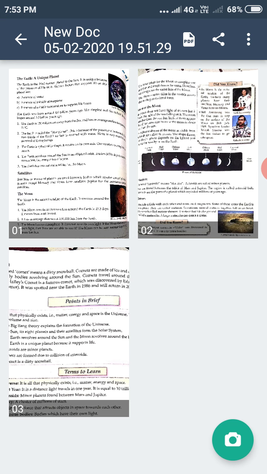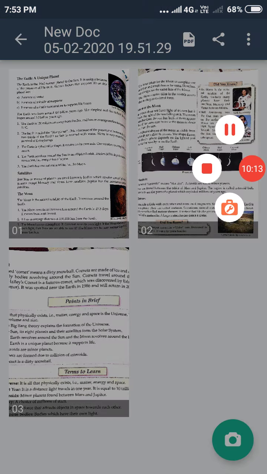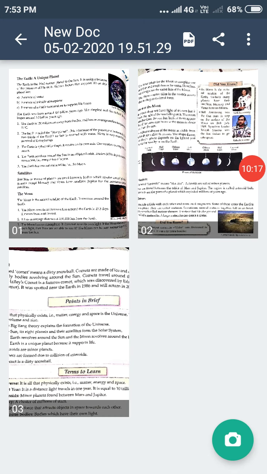Now we will study about our planet Earth on which we live. Now our Earth is called a unique planet. Why is it called a unique planet? Because life is possible only on the planet Earth due to certain factors which support life on this planet. Which are those factors?